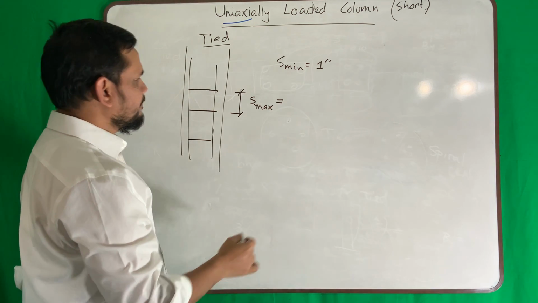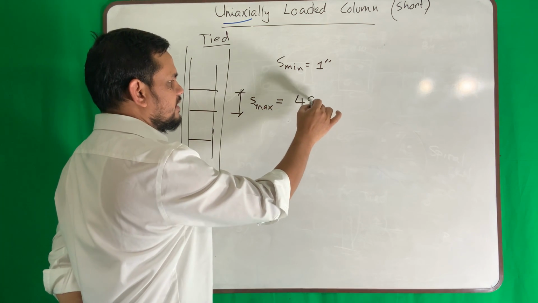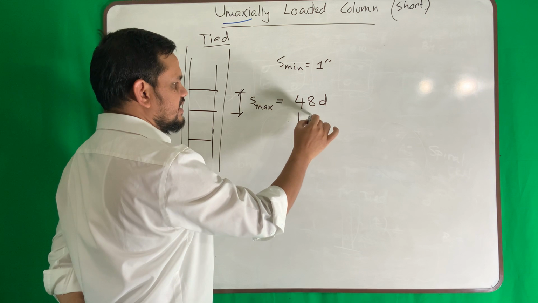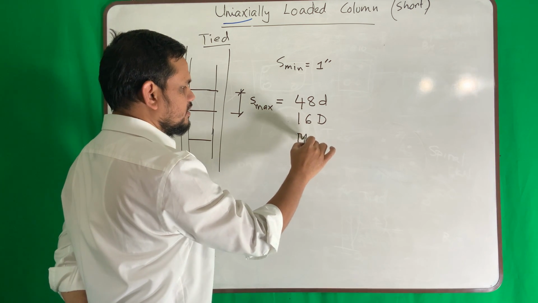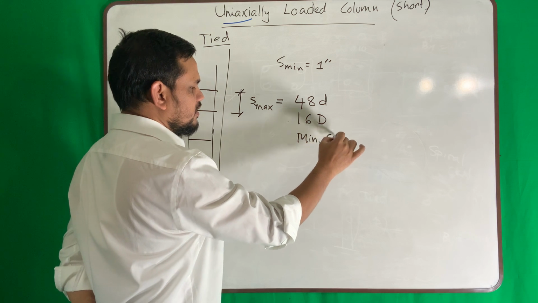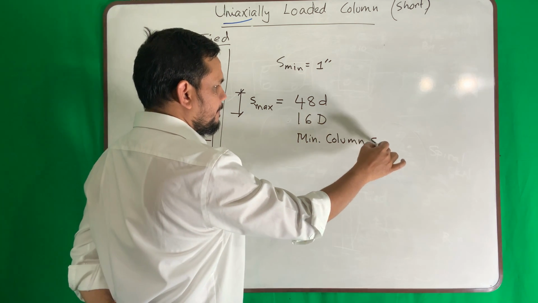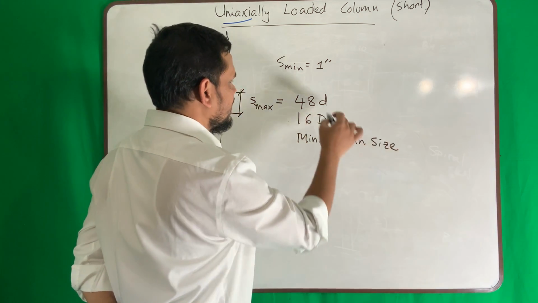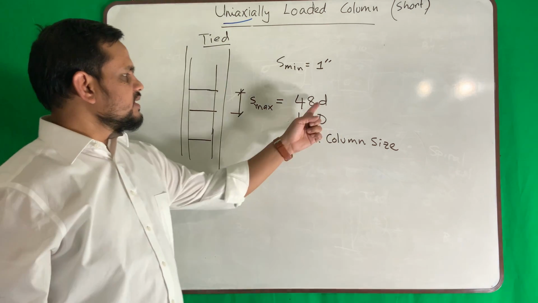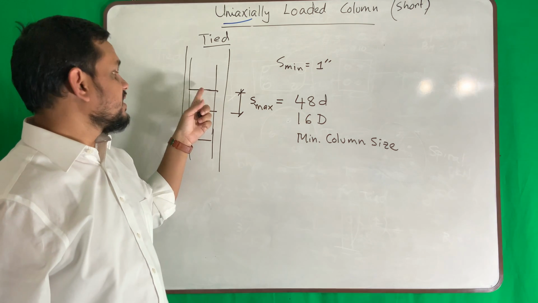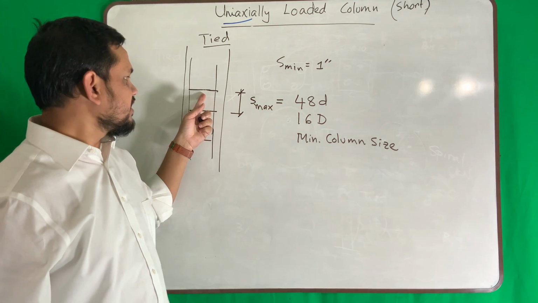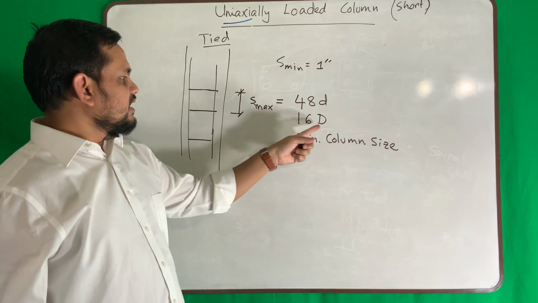Maximum spacing will be 48 times d, or 16 times D, or the minimum column size. This lowercase d means the diameter of the tie, not spiral, the diameter of the tie.